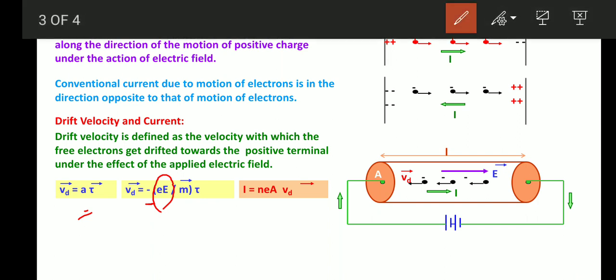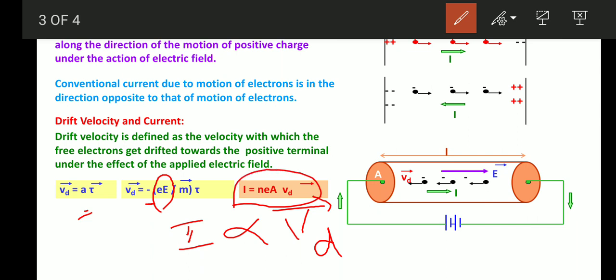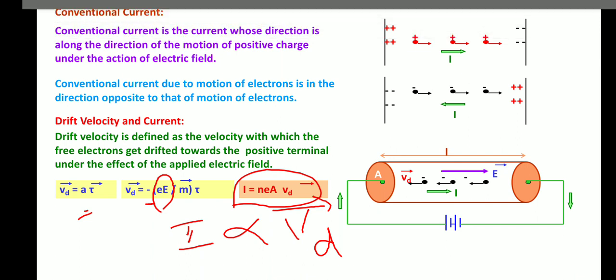From this we conclude that current is directly proportional to the drift velocity. We can remember this as I is equal to neAVd, like the Tamil phrase for dog's house, நாய் வீடு, NEA. Like that we can remember the relation. So I is directly proportional to the drift velocity.